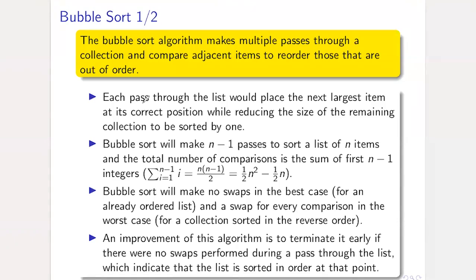Once you have the largest item in the correct position, you get the rest of the list and redo it. Find the next largest one and put it in the correct position, and so on and so forth. So ultimately, you have the whole list sorted in that manner.